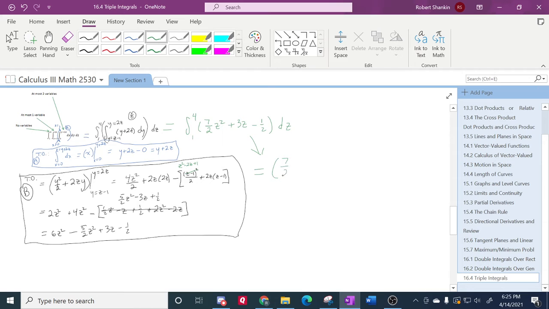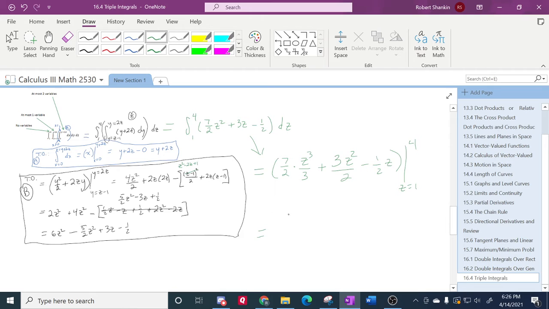So it's 7/2 z cubed over 3, and then plus 3z squared over 2 minus 1/2 z. All this from z equals 1 to 4.